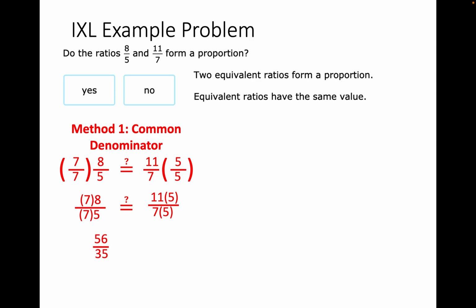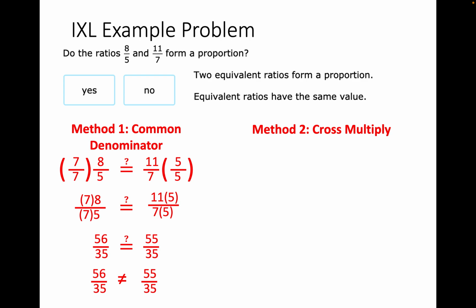So I've got 56 35ths. Is that going to be equivalent to 11 times 5, which is 55 35ths? So is 56 35ths equal to 55 35ths? The answer is no, they are not. They're very close, but no, they do not form a proportion.